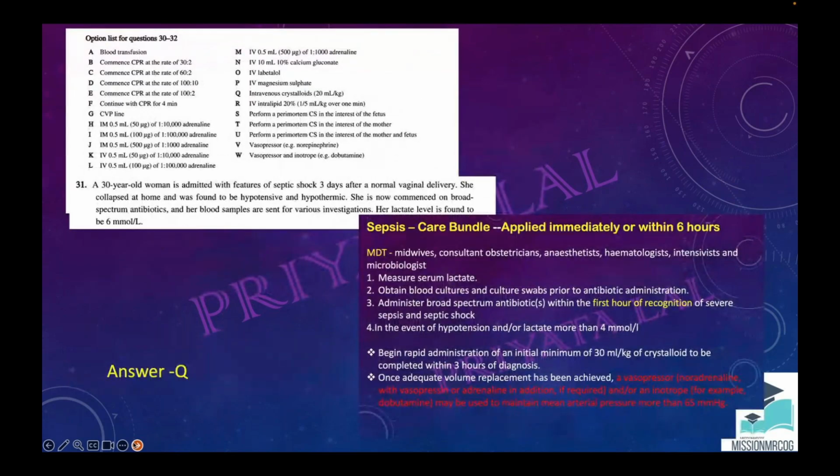Vasopressors are only given when you are unable to maintain blood pressure with fluids. So this is the sepsis 6 care bundle. Rapid administration, minimum 30 ml per kilogram of crystalloid to be completed within 3 hours of diagnosis. Once adequate volume replacement is achieved, then vasopressin, adrenaline addition, or inotrope dopamine can be given. We want to maintain mean arterial pressure above 65 mmHg.